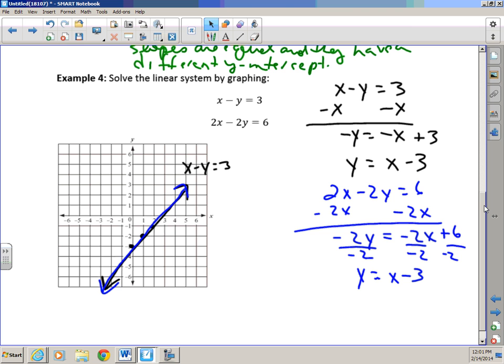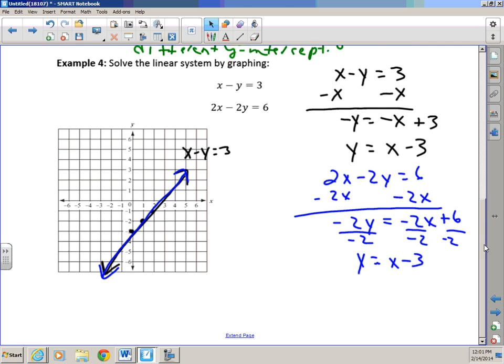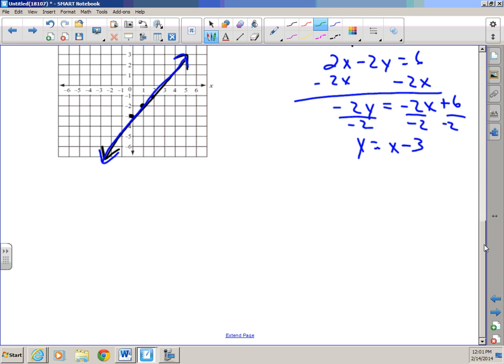You don't have to do that because you would just have one line being drawn. So what is our conclusion there? Both equations are the same.